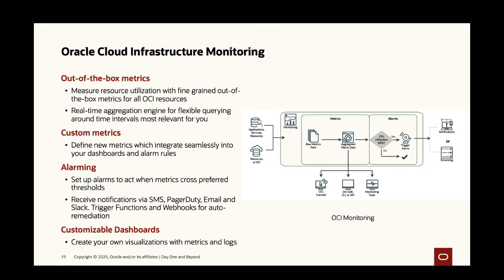So for example, let's say for your autonomous database, you want to know if CPU utilization exceeds a certain threshold. You can set up that alarm based off that particular metric. And if it exceeds 80% utilization, you can be sent a notification so you're aware that CPU utilization has exceeded 80%. And so you can set up various alarms for your different resources, and those alarms will depend, once again, on the resource, just so you're more aware of what's going on.